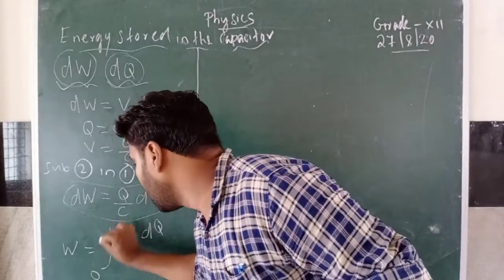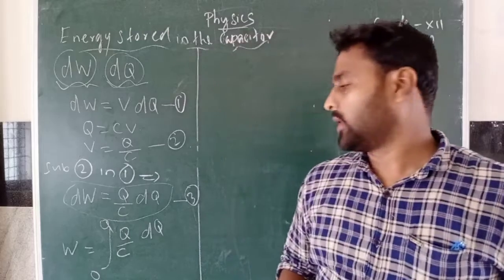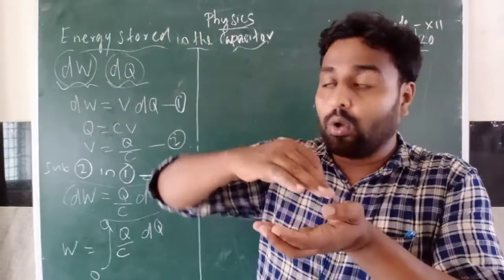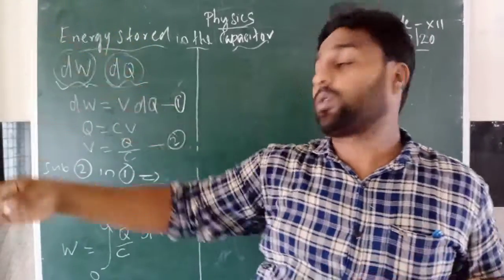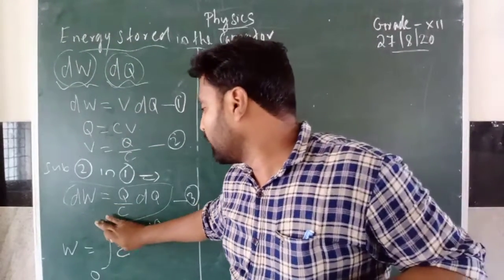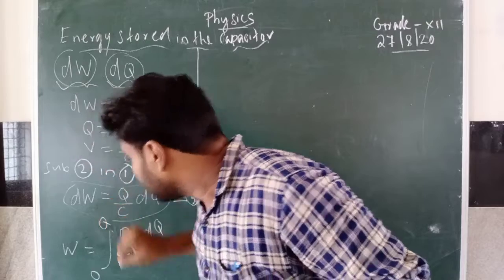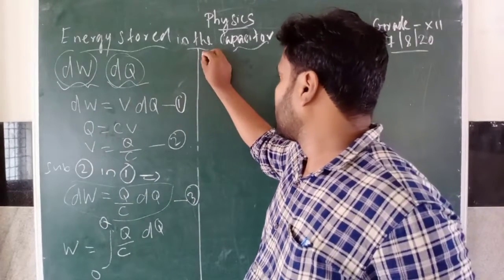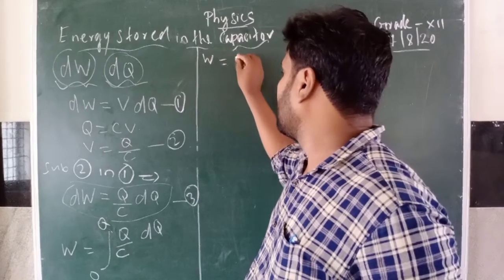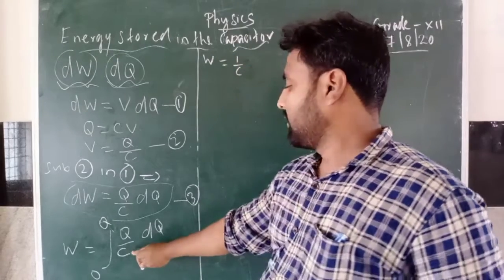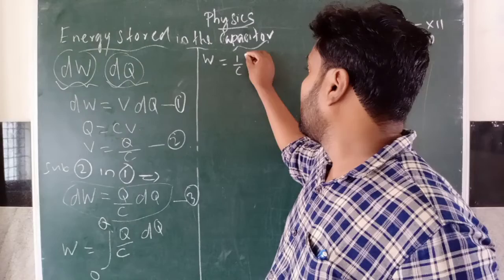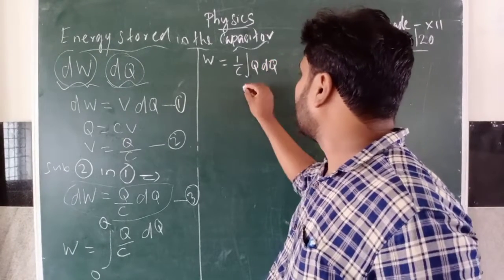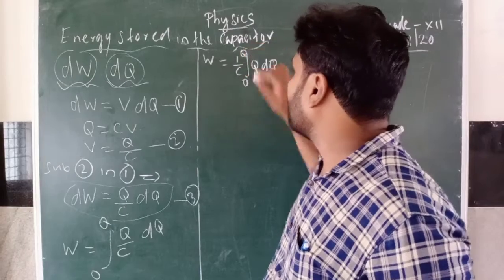Here 0, here Q. So from 0 to all the charges, the total charge, that is Q. So integrate this equation. W equal to 1 by C, C taken outside, now Q dQ, with limits 0 to Q.